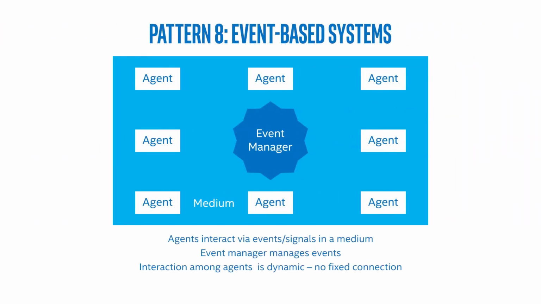For more asynchronous event-based systems, we have the event-based pattern, where we have a kind of medium in which events take place. We have a more centralized event manager, and then we have a wide variety of agents. What's unique about this pattern is that these agents within this medium can be added dynamically, and this is the only structural pattern for which that is the case.